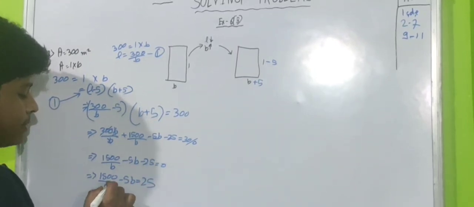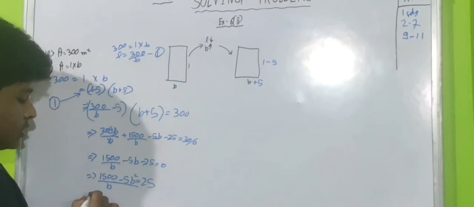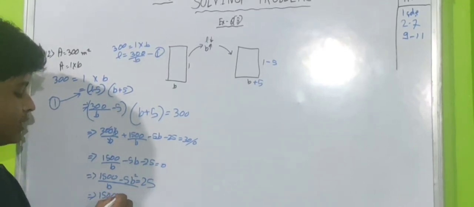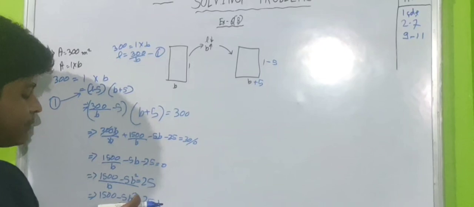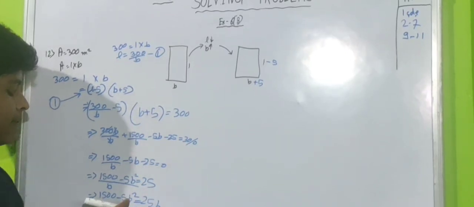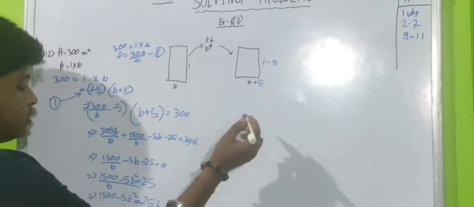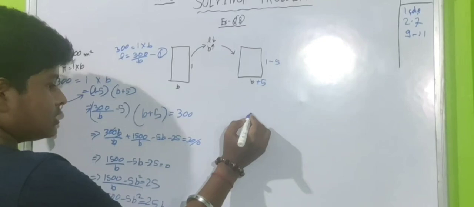Take LCM, we will get B and B square. Then this with this, we will get 1500 minus 5B square equals 25B. I'm solving it here and we have to make it positive. So either multiply by minus 1 or send this to the other side. So I'm sending it to the other side.